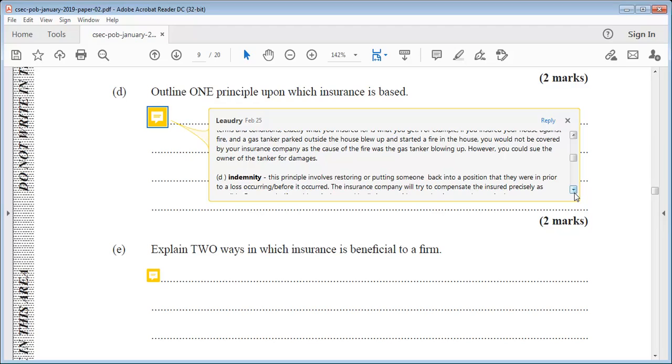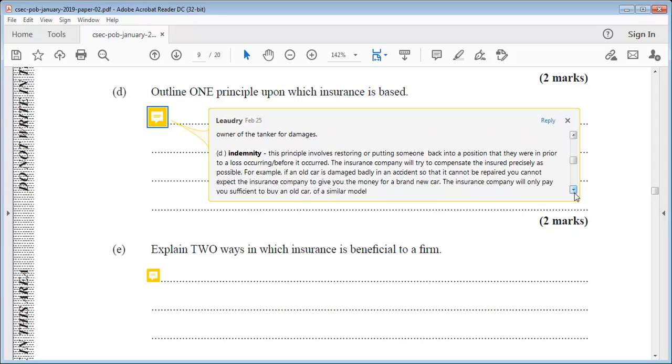Indemnity. Now, this principle involves restoring or putting someone back into the position that they were in prior to a loss occurring. So the insurance company will try to compensate the insured as precisely as possible.